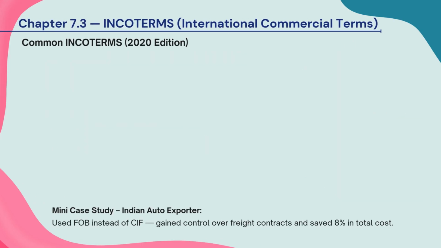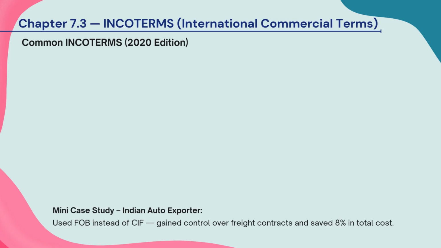This slide covers the most commonly used Incoterms and where the seller's responsibility ends for each term. EXW, buyer handles the entire transport from the seller's premises. FOB, seller delivers until goods are loaded on the vessel at the origin port. CIF, seller pays for cost, insurance, and freight up to the destination port.